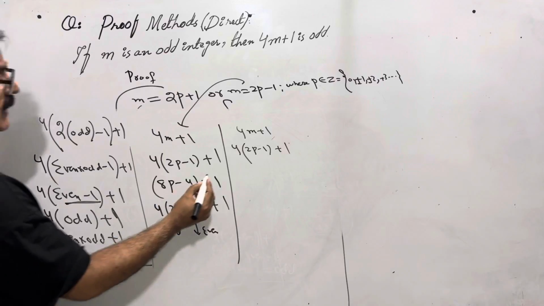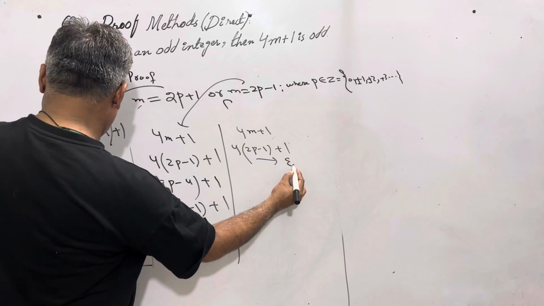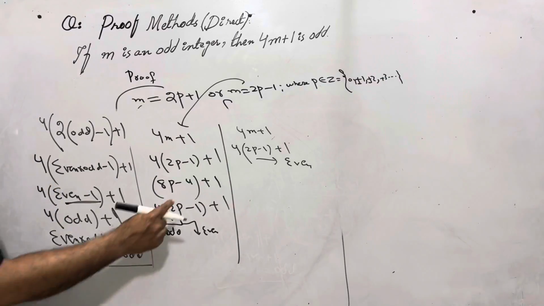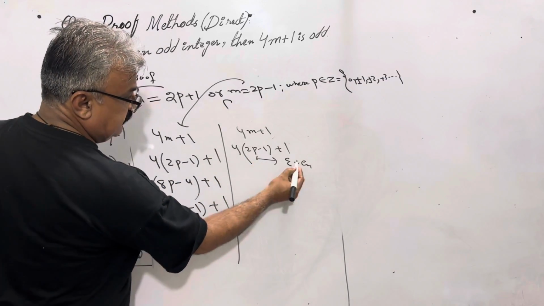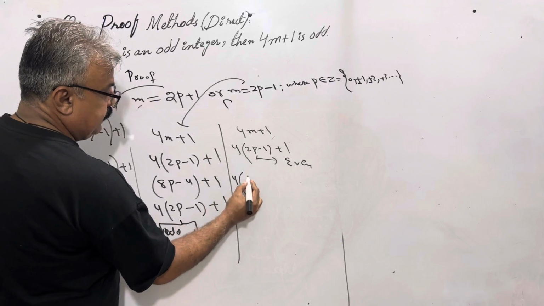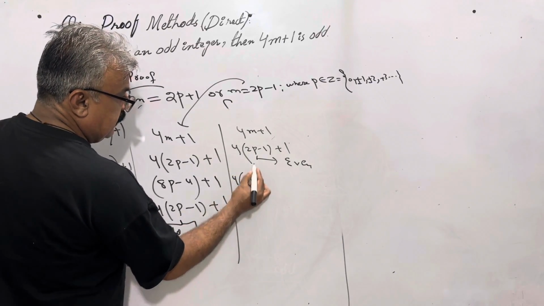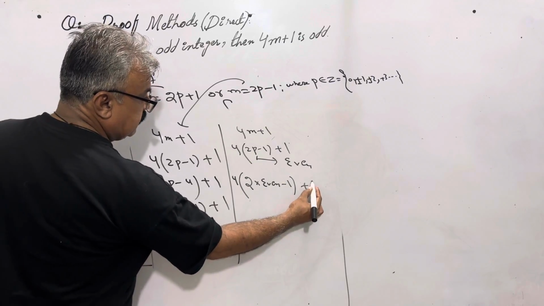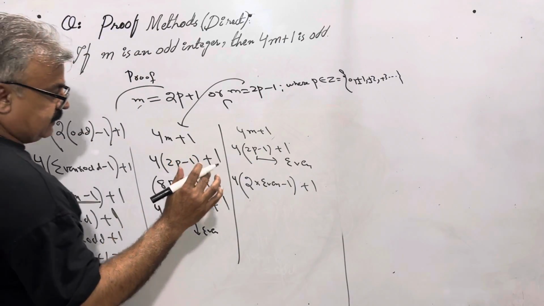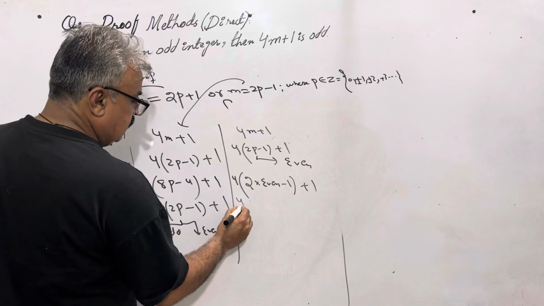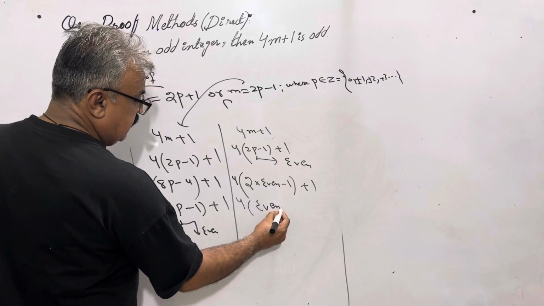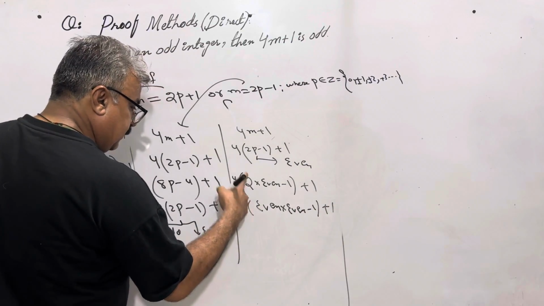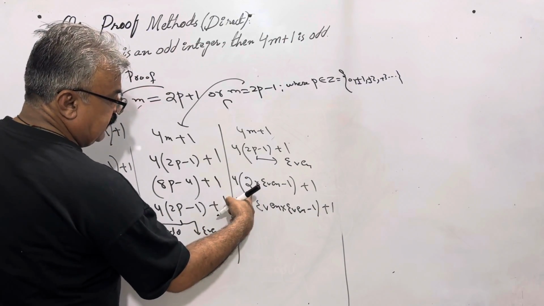Now we have assumed that p is even. 2 is even, so 2 times even is even.